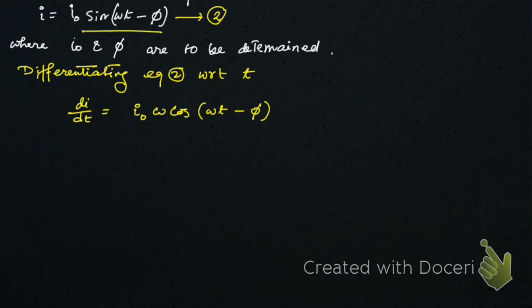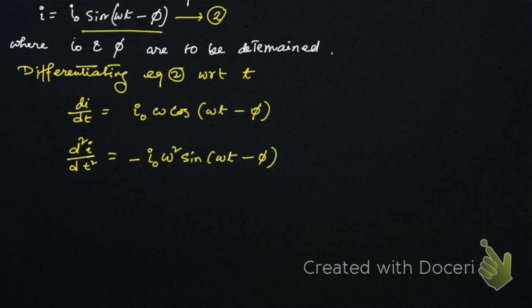So now if you differentiate it again, then what are you gonna get? You're gonna get minus I naught omega square, instead of cos now it becomes sine omega t minus phi. That's what we will get, right?